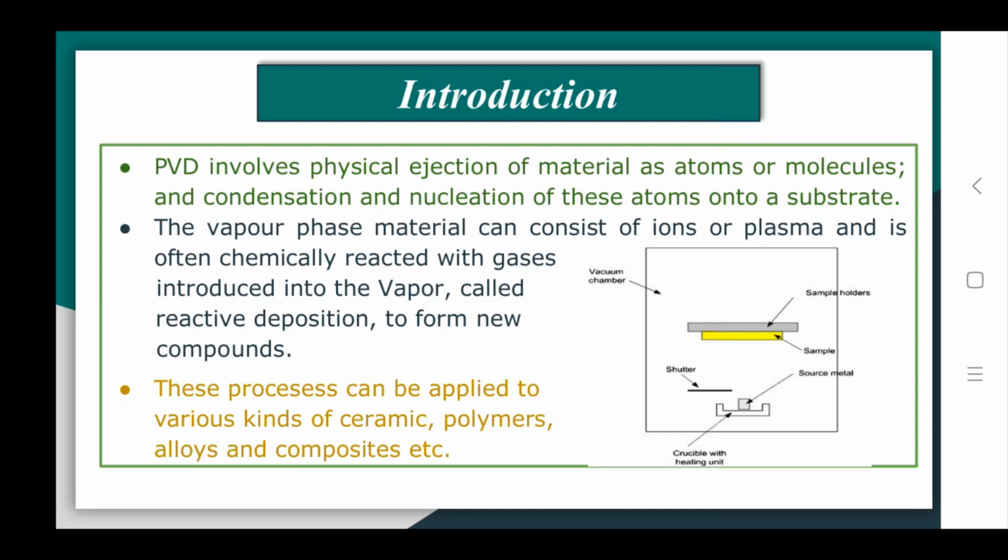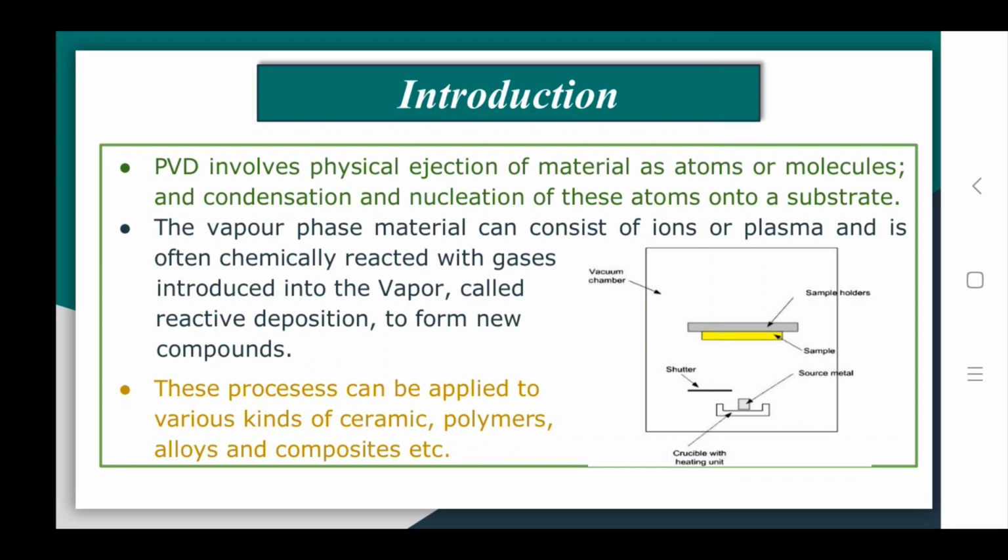And then we may or may not use certain kind of vapor gases, and then that material, those ions and molecules, can deposit onto the substrate which is going to be modified. So in basic terms, we are simply doing a coating by using atoms or molecules, or the plasma, in the vaporized condition.